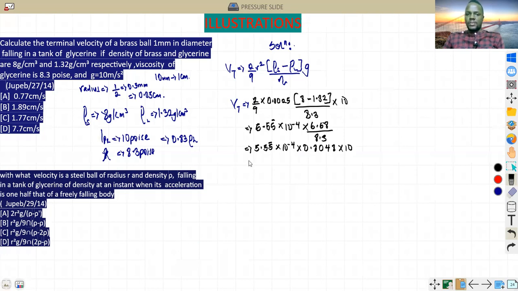So doing that with the calculator, we should multiply by 5.55 times 10 to the power of -4. It's giving me something like 4.47 times 10 to the power of -4.